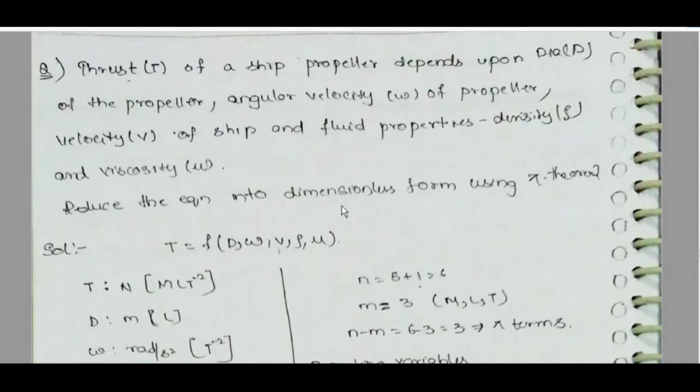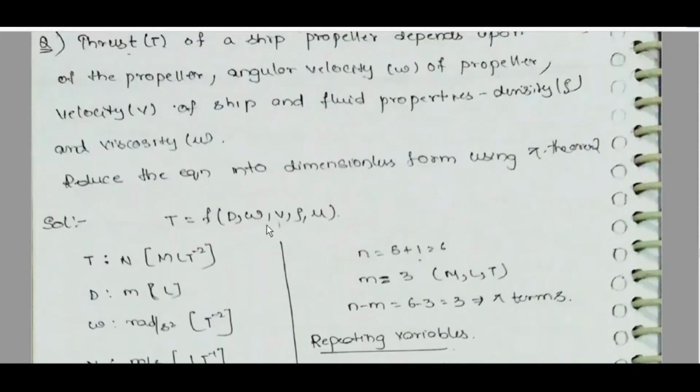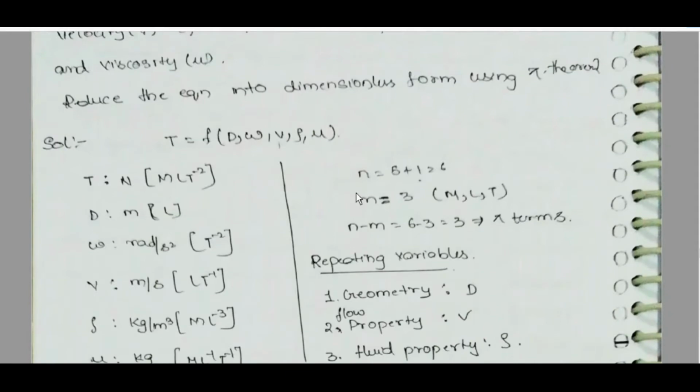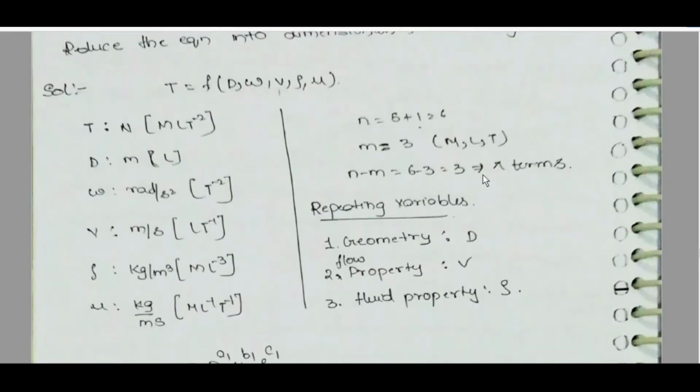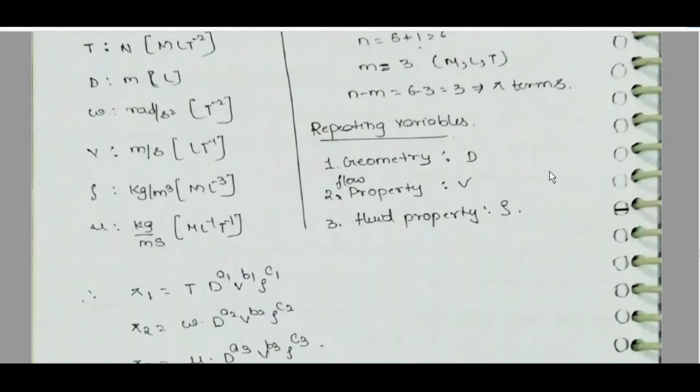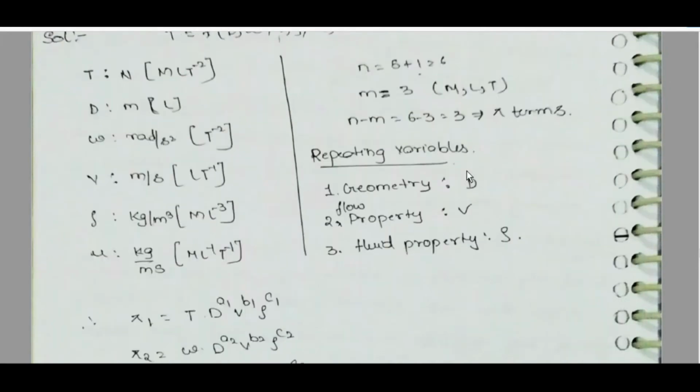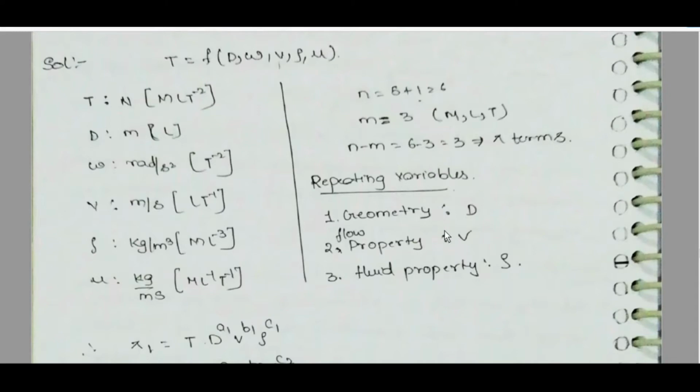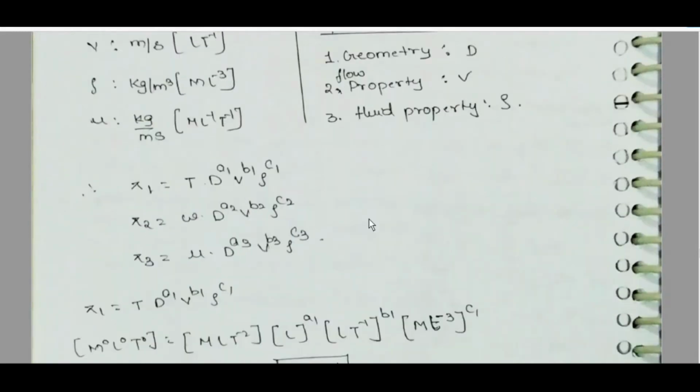Okay, this is a question. First, all terms are there. From that, we can get m fundamental dimensions, which are M, L, T. N total is 6. N minus m is equal to 6 minus 3, which is 3 pi terms. Repeating variables: g, d, v, rho, which cover all of them.